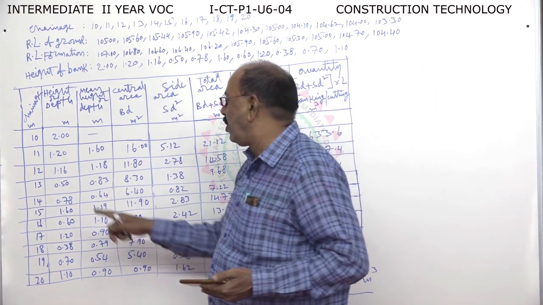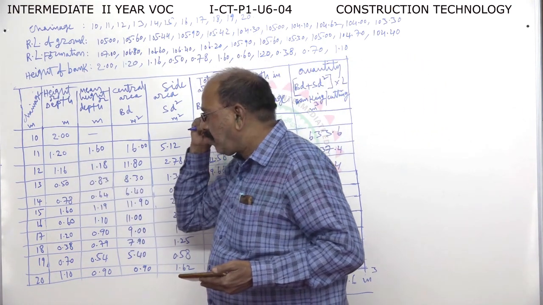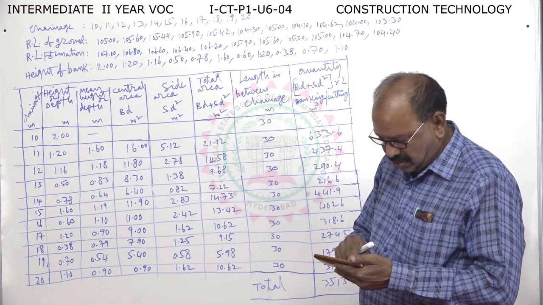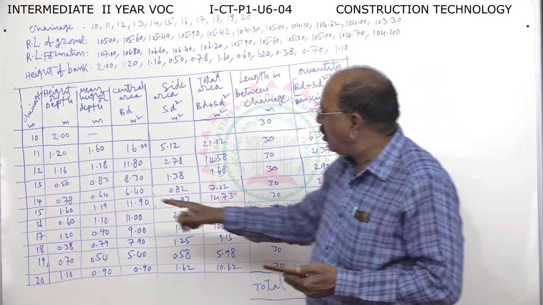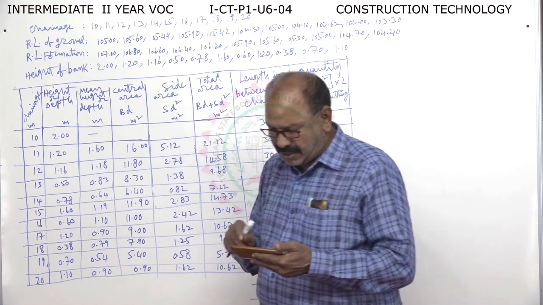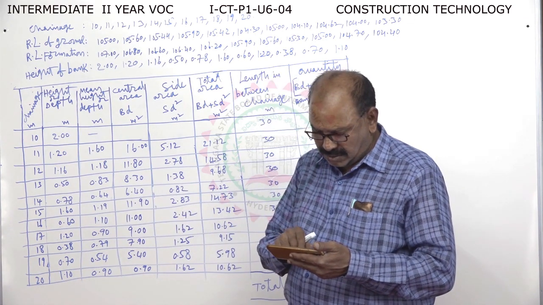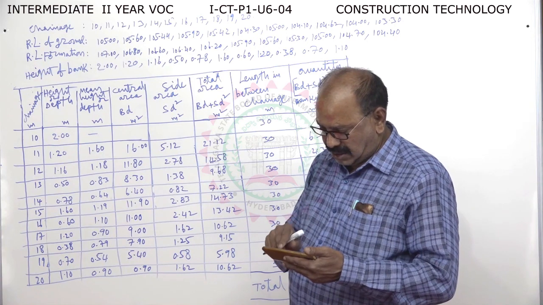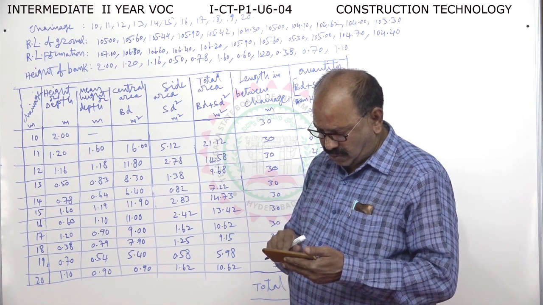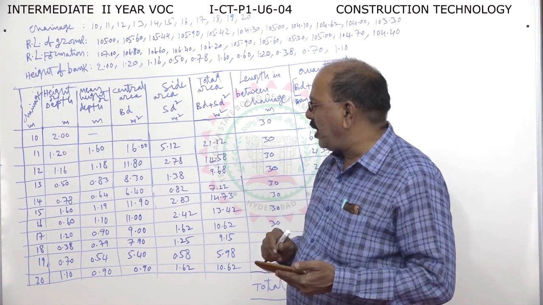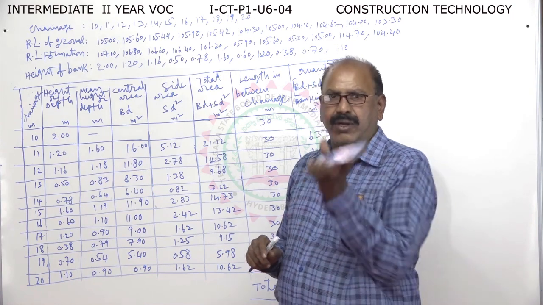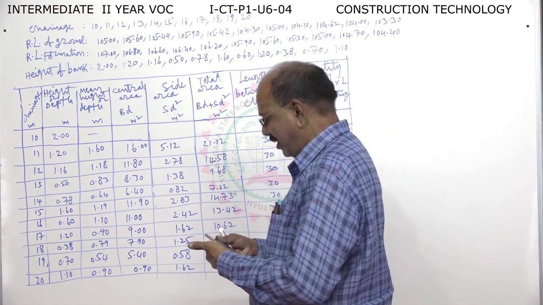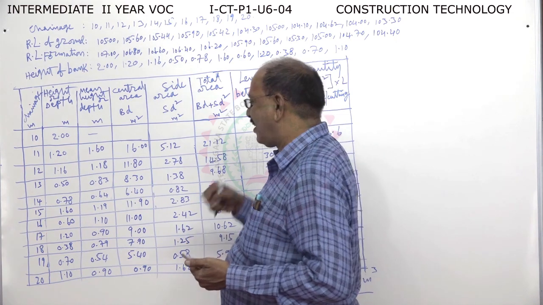Next, we'll take these two values. 1.20 plus 1.16 divided by 2. That is 1.18. You can see. Okay.